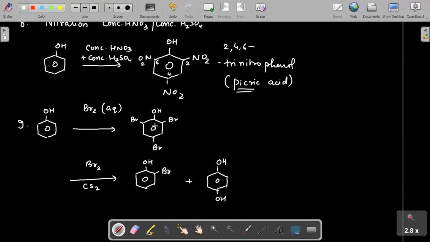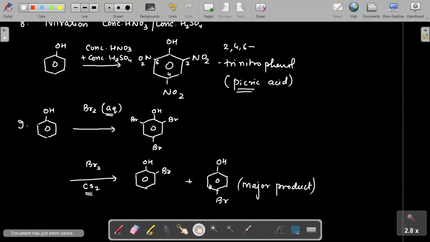And in non-polar medium, because aqueous here water is a polar medium, whereas carbon disulfide is a non-polar medium, we get only either ortho or para position. Para position is more symmetrical, and hence we get it as the major product.